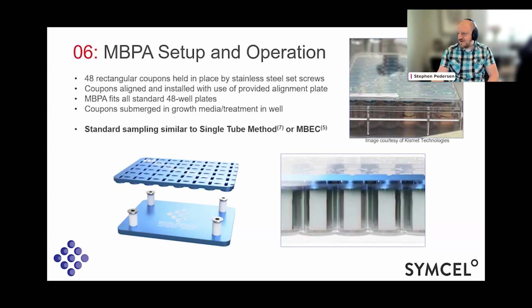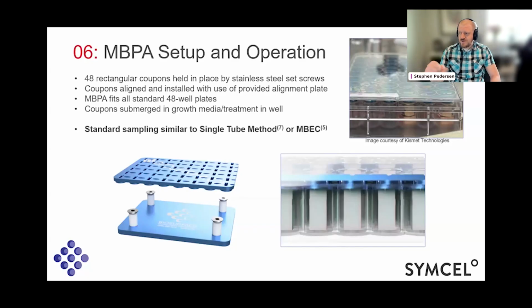The entire plate, the coupon holder plate, comes with this alignment plate that you see down here. The alignment plate has these standoffs already installed. So this plate rests on the alignment plate down below, and that height that it ships with is perfectly aligned.